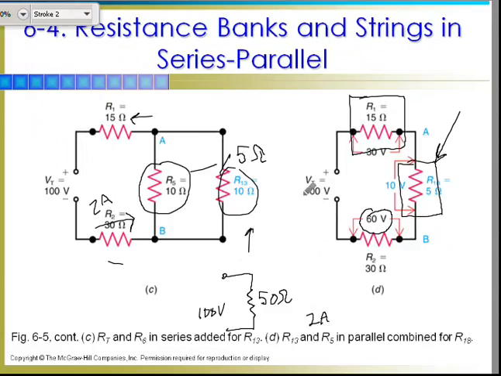Okay, so now this is the same here. We can eliminate those two for the moment. This is the same as saying I've got 10 volts just across this circuit here.